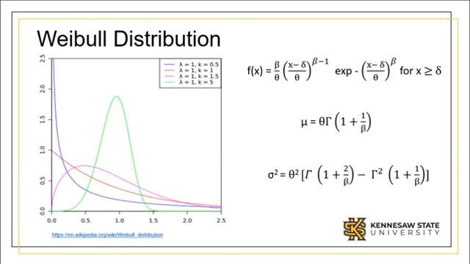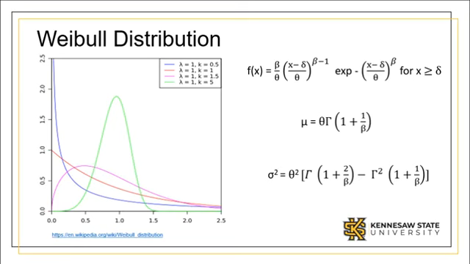The Weibull distribution is one of the most widely used distributions in reliability and statistical applications. It is commonly used to model time to fail, time to repair, and material strength. There are two common versions of the Weibull distribution, the 2-parameter Weibull and the 3-parameter Weibull.